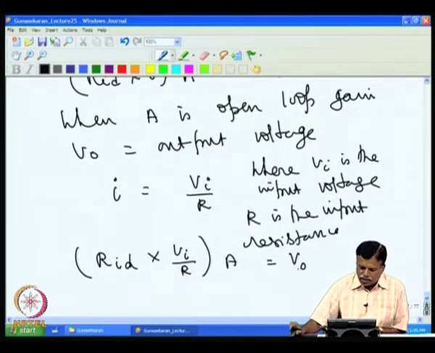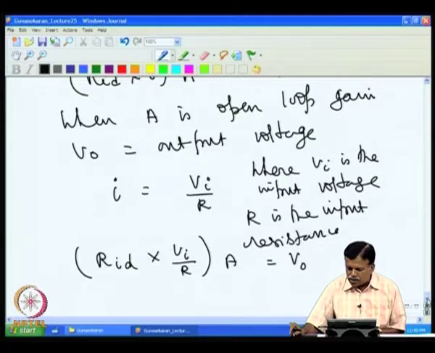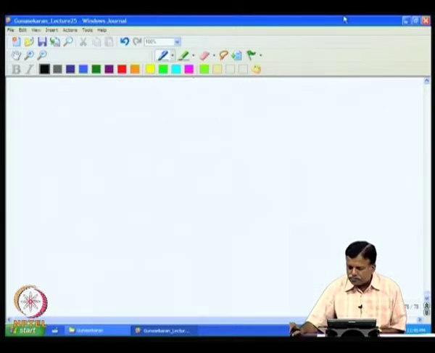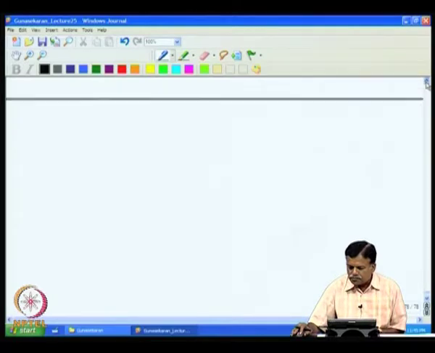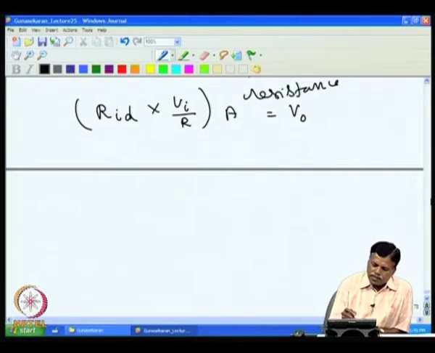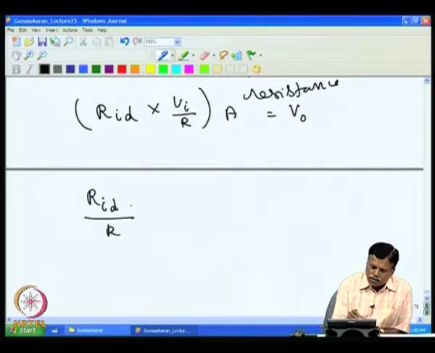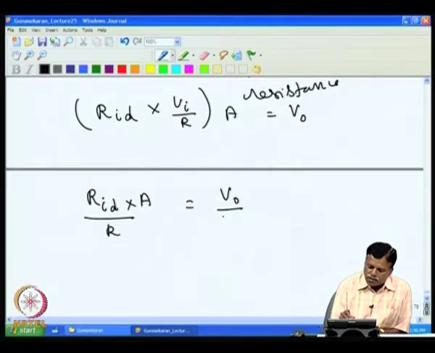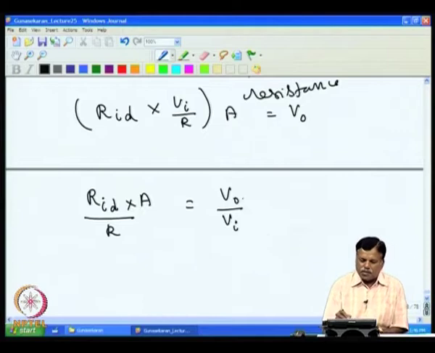Now, I can bring V naught to the other side. From this equation I can rearrange, and you get RID into A by R equal to V0 by Vi. This is nothing but the gain.